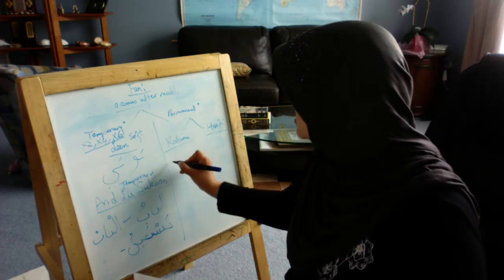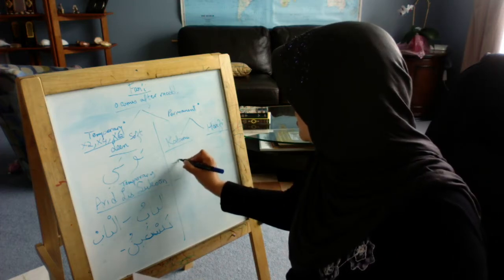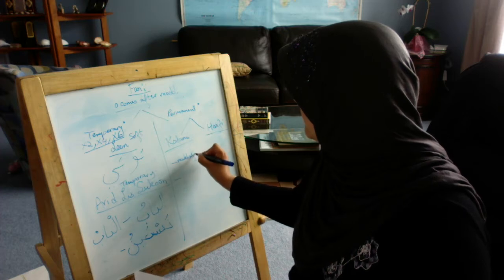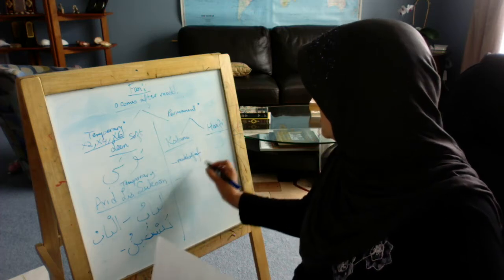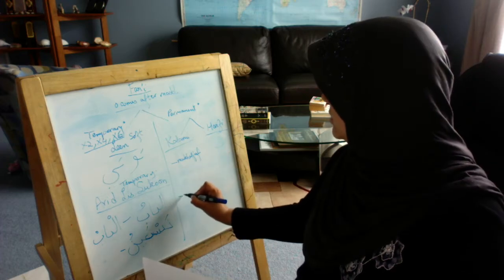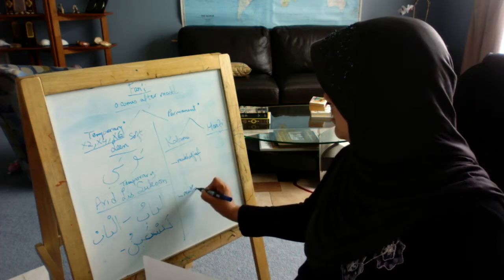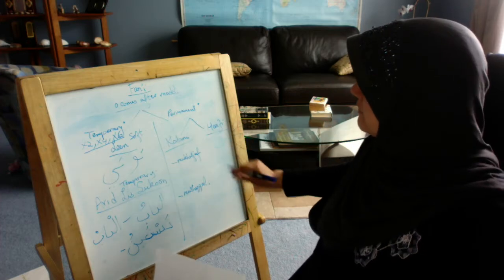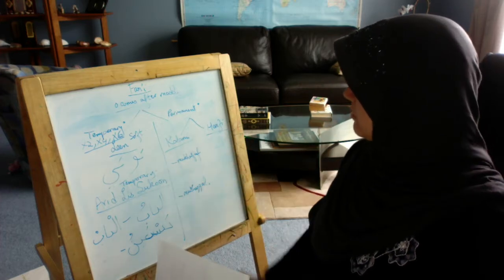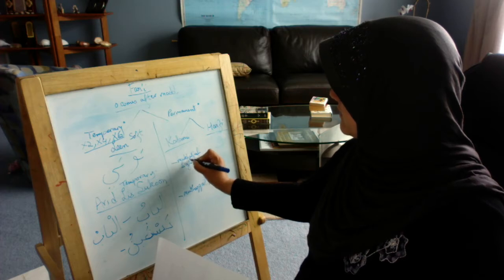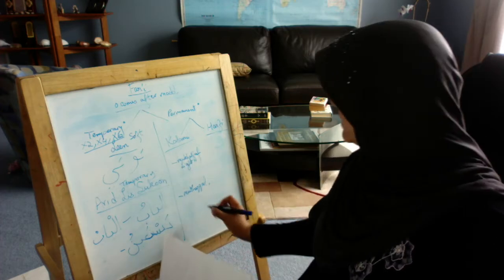So let's do that. Mukhaffaf, and we'll leave a space for both, and then we'll do Muthaqqal. Alright, so Kalami and Harfi can both be divided into Mukhaffaf and Muthaqqal. Mukhaffaf is light and Muthaqqal is heavy.